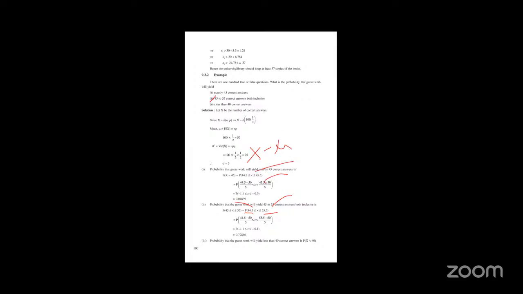So x is 44.5, mu is 50, and sigma is 5. Here it is 55.5, 50. After calculating this, we'll get minus 1.1 and 1.1. So we'll have an answer of 0.72866.